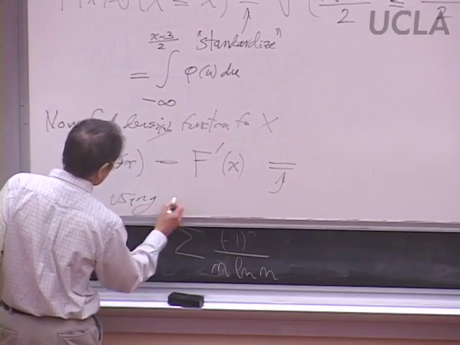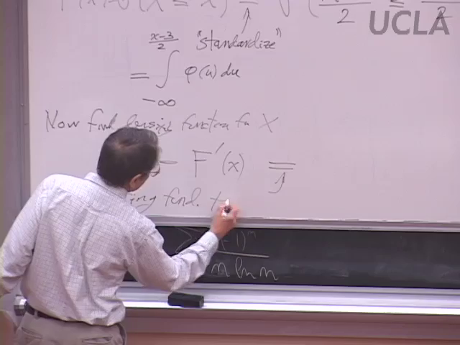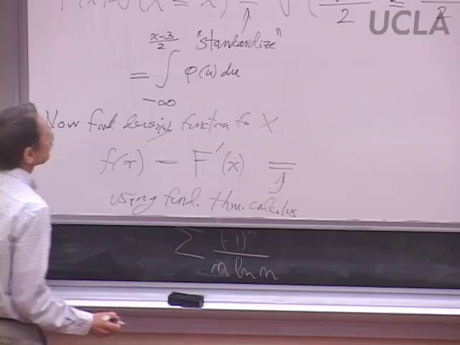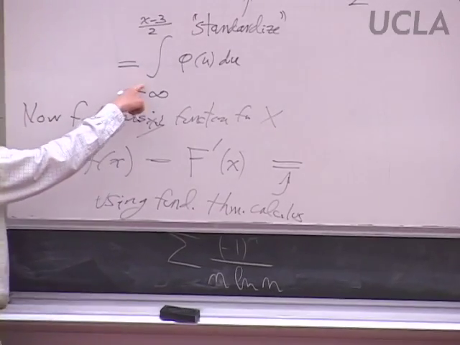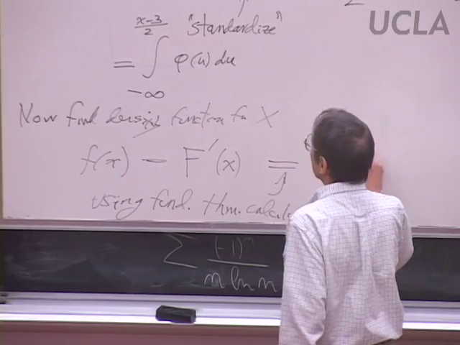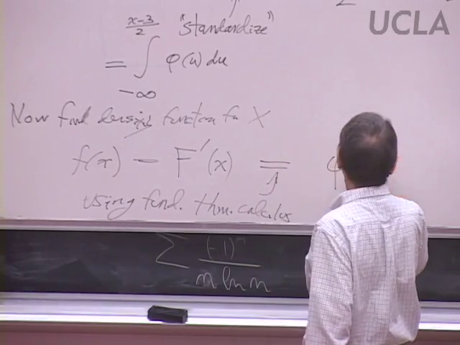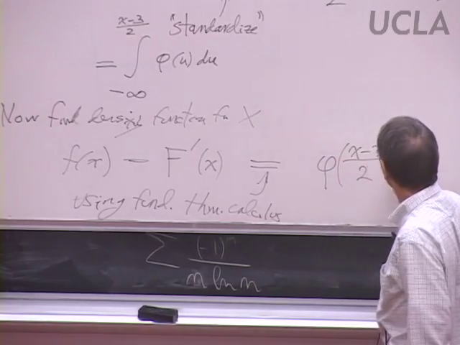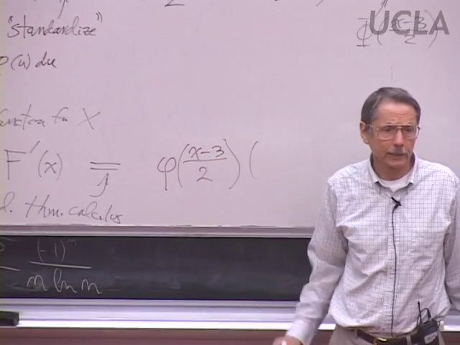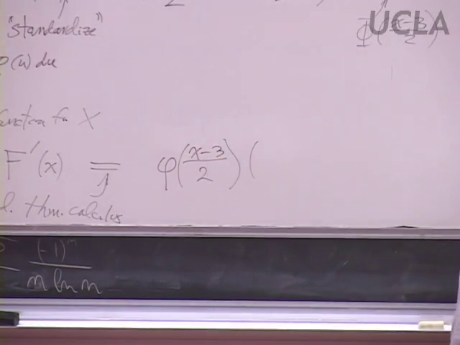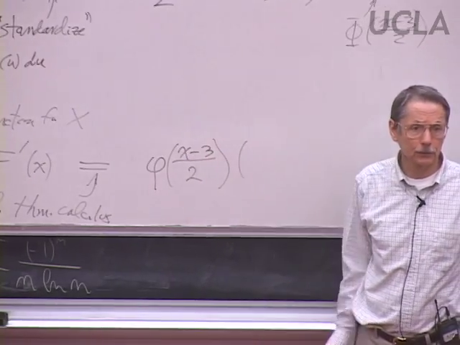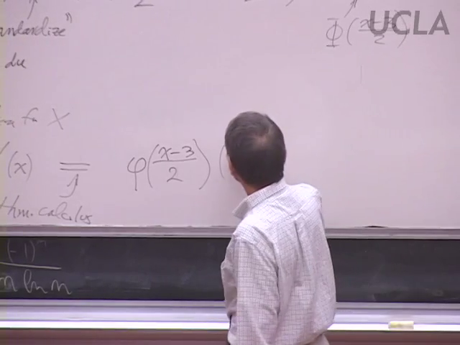If it were just the integral from minus infinity to x, we'd have just phi of x. But we have the integrand evaluated at that upper limit of integration. And then applying the chain rule, we take the derivative of x minus 3 over 2, which is a half.